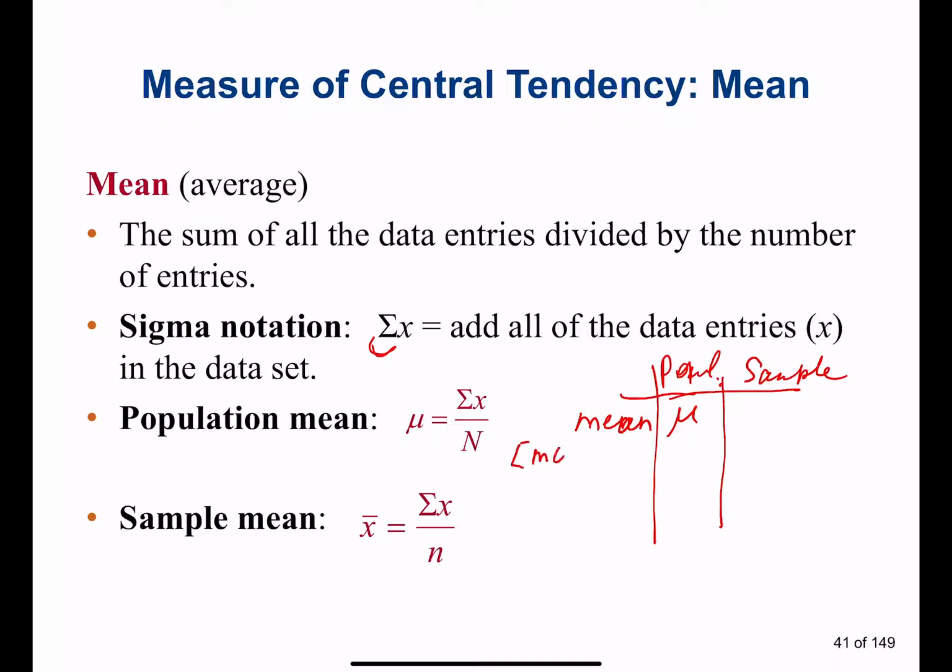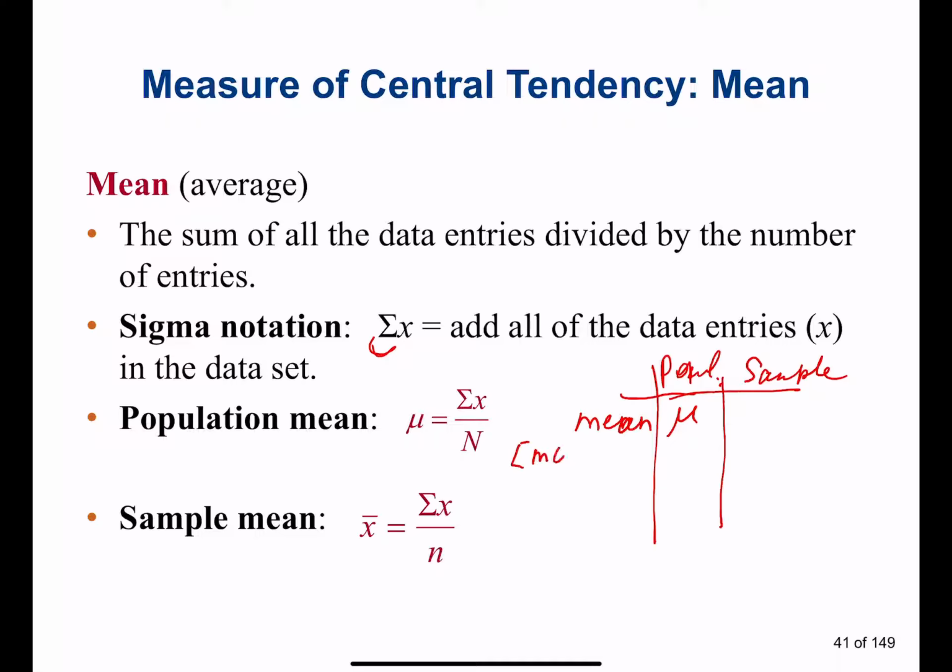Okay, so for the population mean, we are adding all elements of the population and we divide by amount of elements in the population. For the sample mean, which is x bar, we add all elements of the sample and divide by amount of elements in the sample.